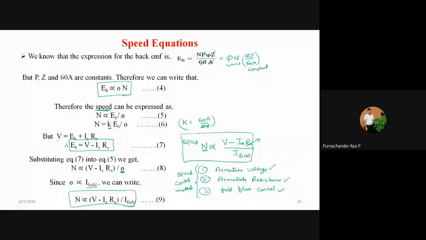Now with the help of this speed equation, N proportional to V minus Ia Ra, we will discuss the speed of the shunt motor.